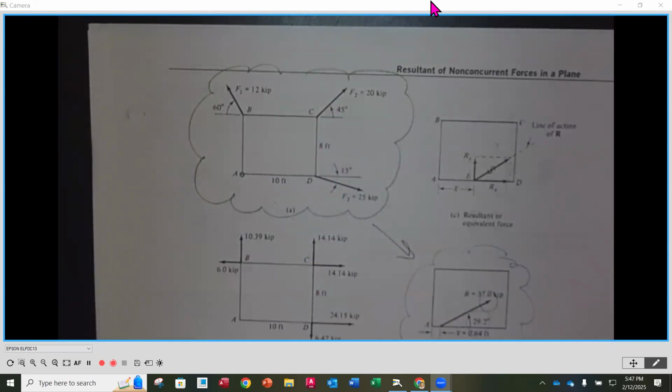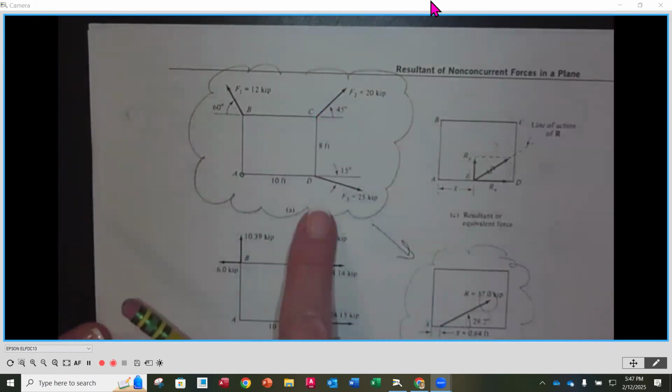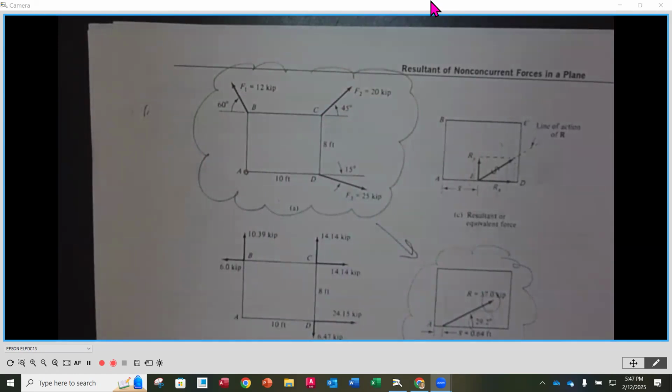So we will have to find the X and Y components for each one of these forces. Each force has a magnitude, called out as F1, F2, and F3, and they're giving us the angles. That's the work we have to do first, and then we're going to place them around the outside of that box and proceed to the other steps. So step number one is going to be exactly that.